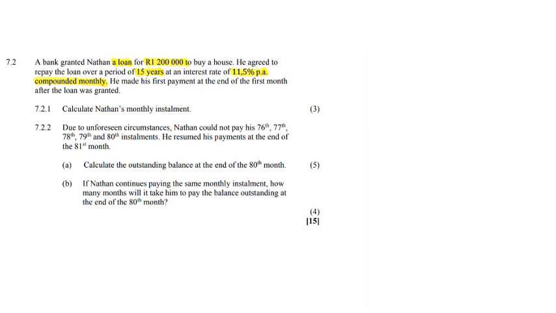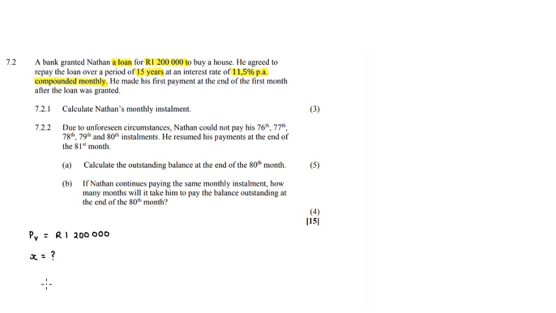If we just think about the key information that we've received from this question, we know that his present value is 1,200,000. His X value is what we have to calculate.